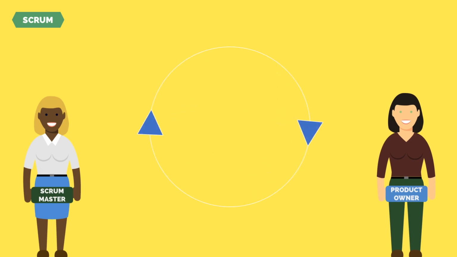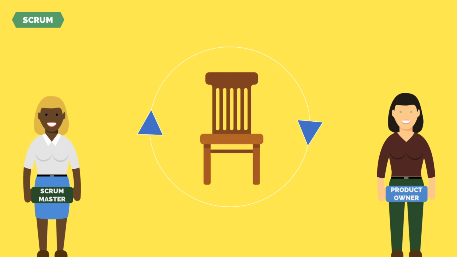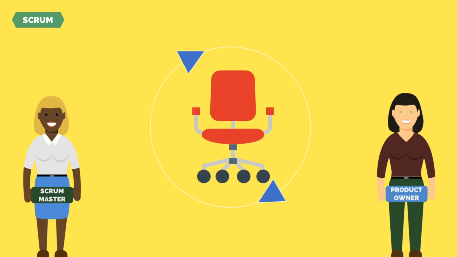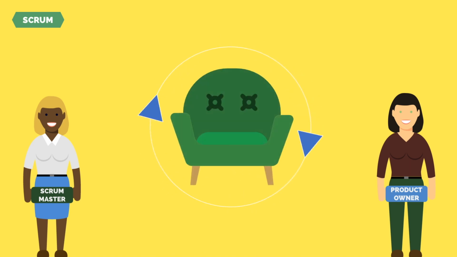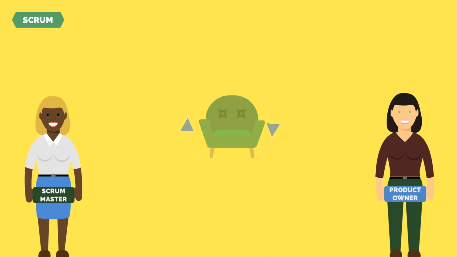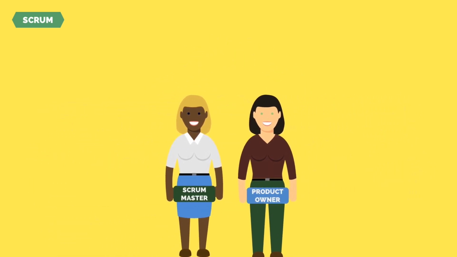The Scrum Master ensures that the team follows the process, while the Product Owner ensures that the product fulfills customer requirements. Furthermore, the development process is divided into sprints. Daily short meetings, so-called daily stand-ups, ensure a high level of transparency in the team, where everyone should know what each team member is doing.